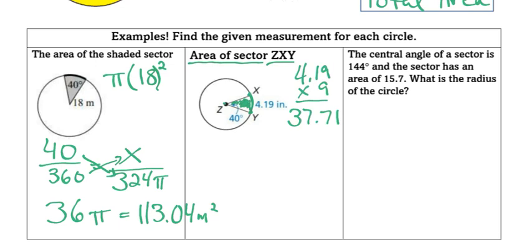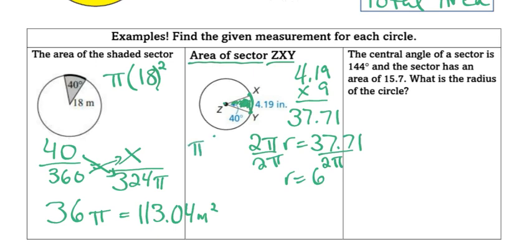Now I know circumference is really just 2 times pi times r. So the circumference, or 2 times pi times r, equals 37.71. From there I could solve for the radius, divide away the 2 pi, and we'll find out that the radius is just 6.